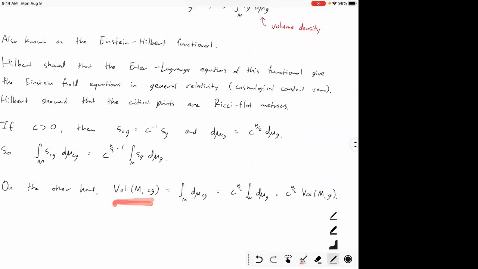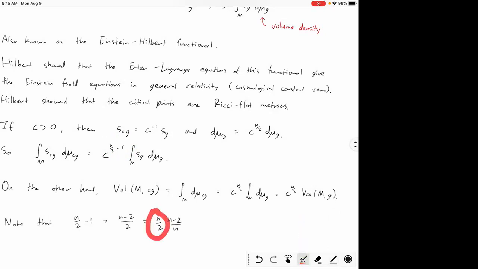Note that n over 2 minus 1, which is the power that I see here, is equal to (n minus 2) over 2, which is equal to n over 2 times (n minus 2) over n.